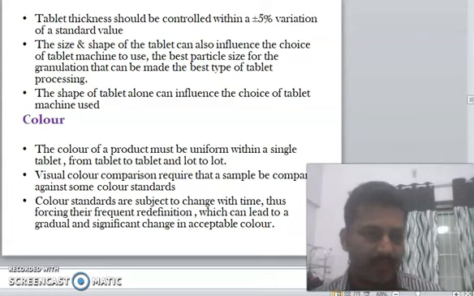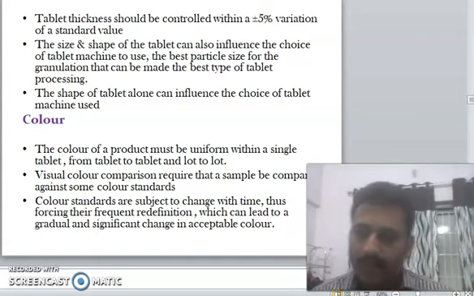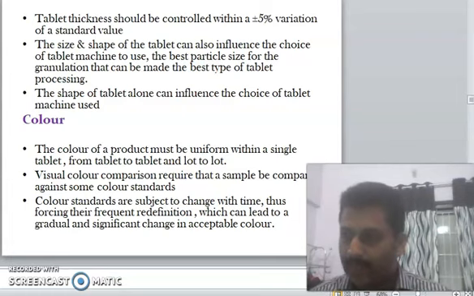Every day it is updating. So the color of the product must be uniform, which is important. It must be uniform within a single tablet, from tablet to tablet, and from lot to lot. All the tablets you are producing in the batch or lot should have uniform color. That is the meaning of that.